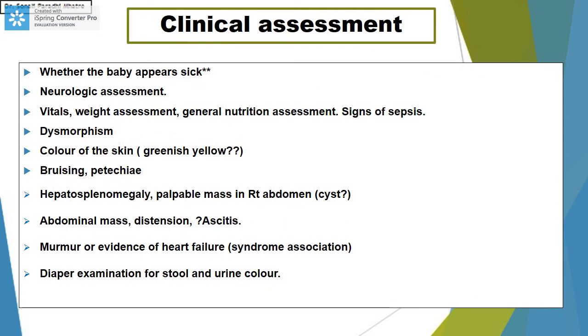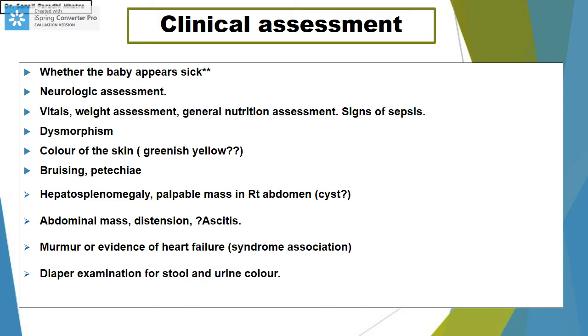Now coming on to the clinical assessment, first and foremost thing, which I'll repeat, whether the baby appears sick, because the diagnosis as well as the treatment part will be affected by this. In our next few slides we have an approach to how to approach the case, so you'll come to know exactly why I am stressing this point.